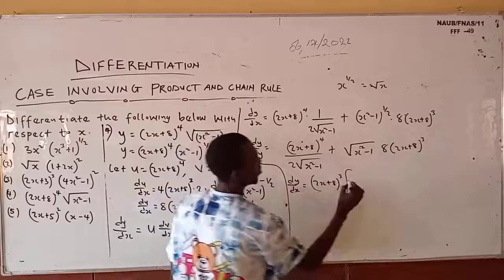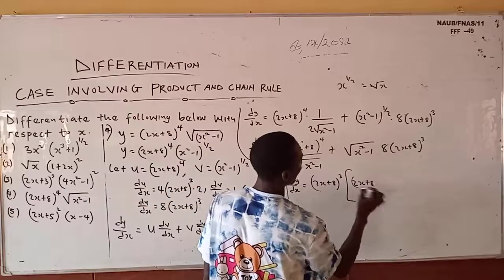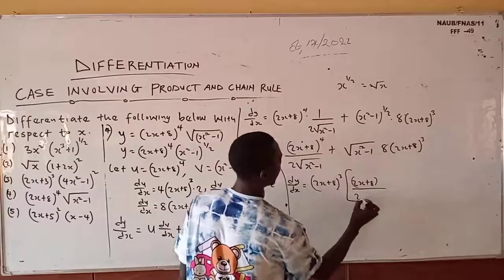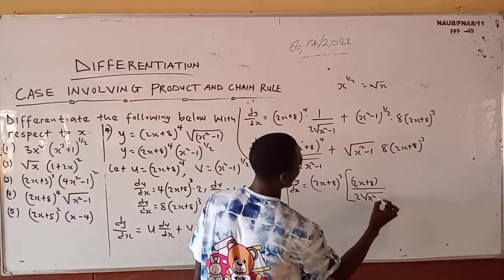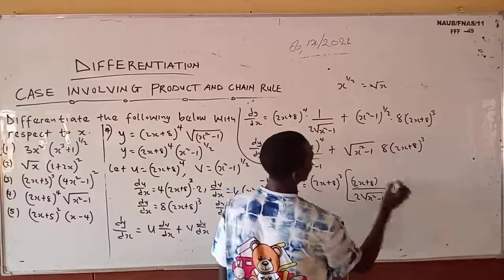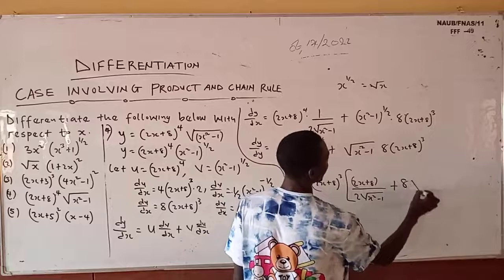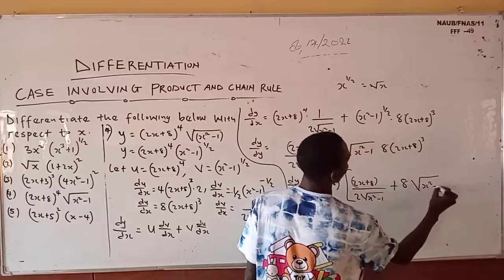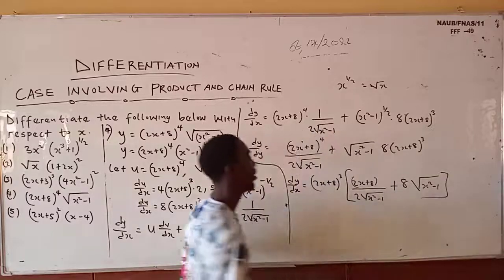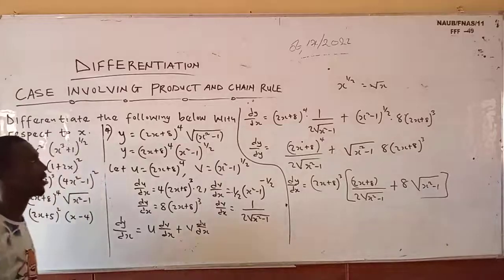So it's going to be 2s plus 8 all over 2 root s squared minus 1, plus 8 root s squared minus 1. So this will be our final answer.